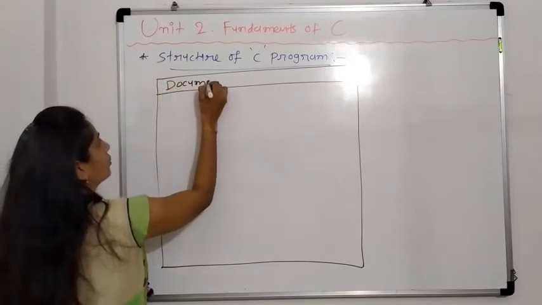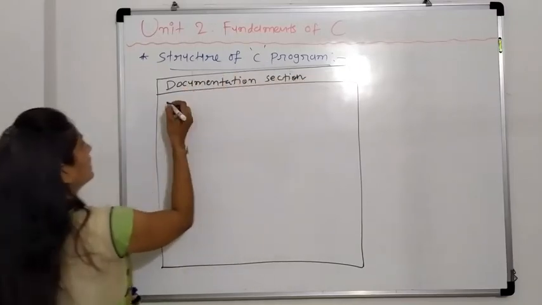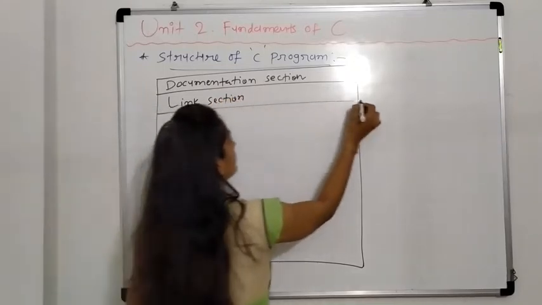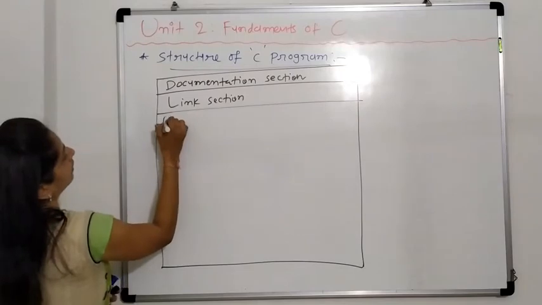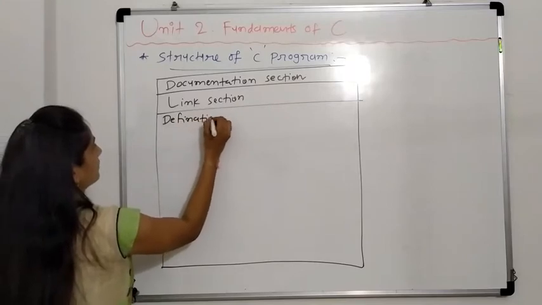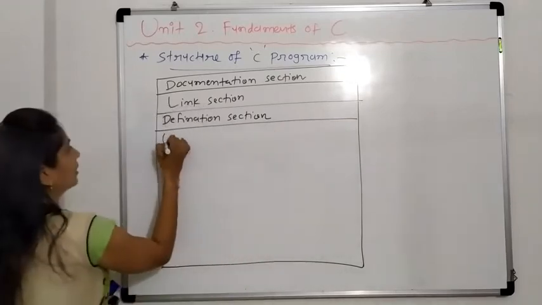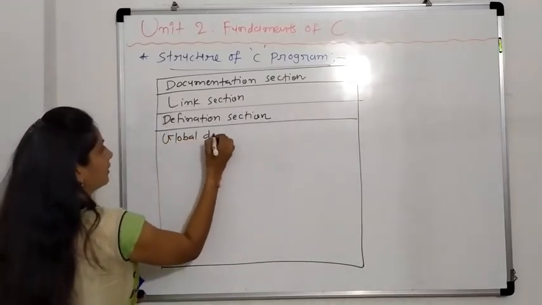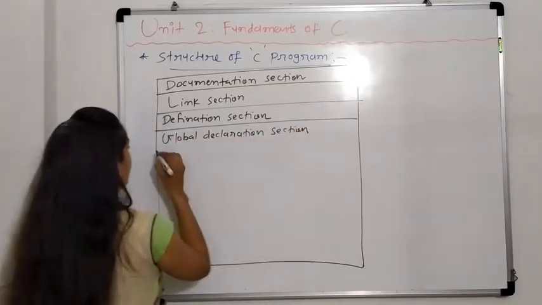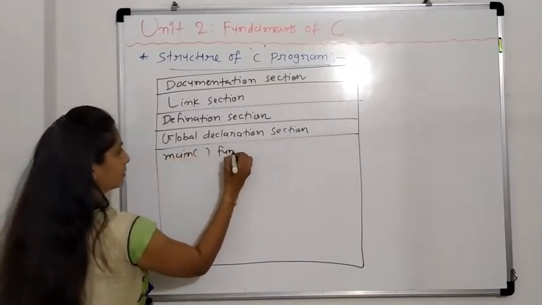First is the documentation section. Second is the link section. Third is the definition section. Fourth is the global declaration section. Fifth is the main function section.